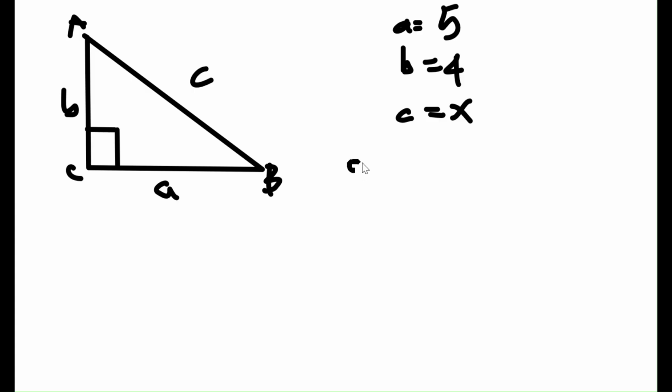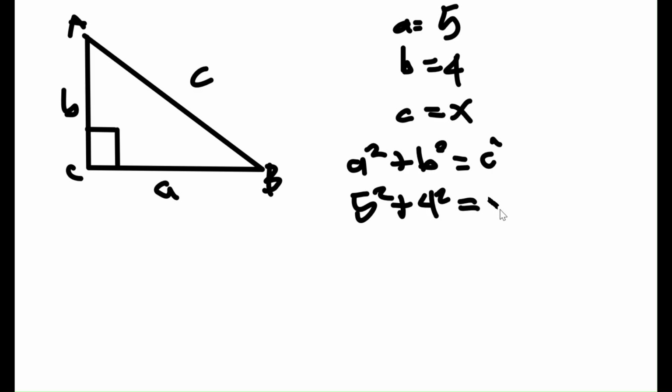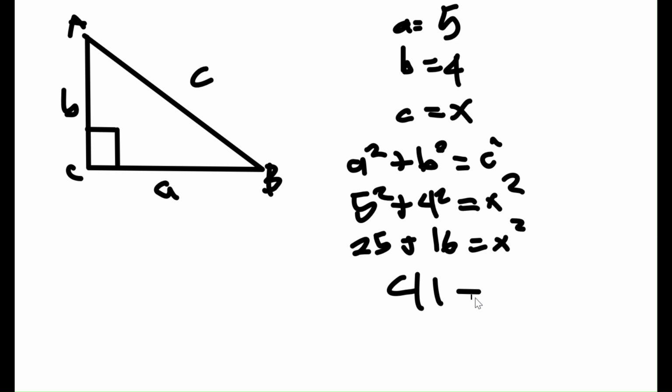So using the Pythagorean theorem, a squared plus b squared equals c squared, we will find our C. So a squared, that's 5 squared, plus 4 squared is equal to x squared. So 5 squared is 25 plus 16 is equal to x squared. So 25 plus 16 is 41, which is equal to x squared.